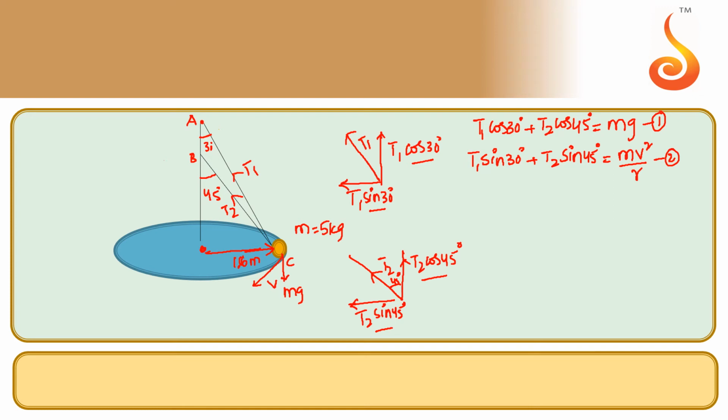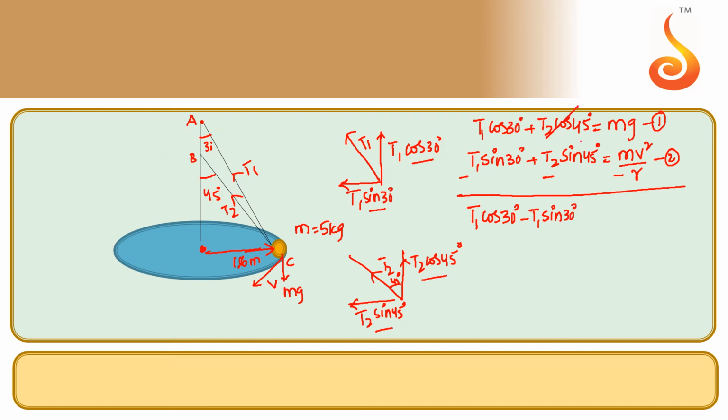So let us combine equations 1 and 2. If we go for subtraction, what we get is T1 cos 30 minus T1 sin 30.